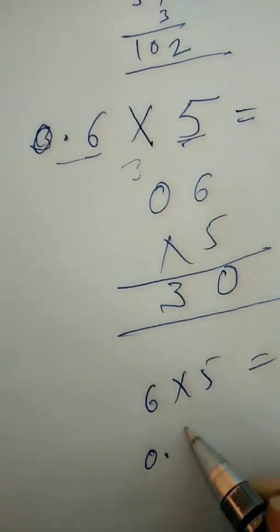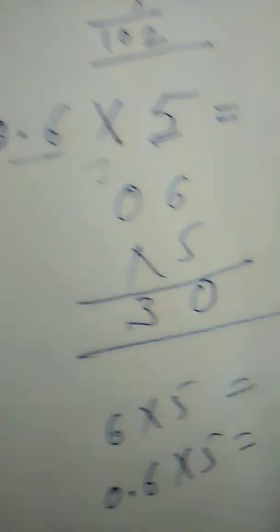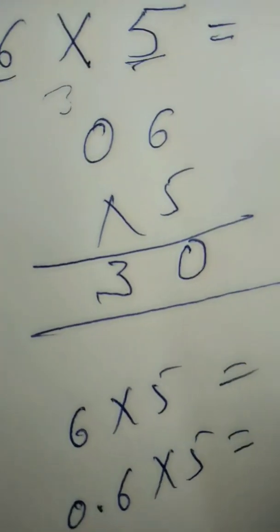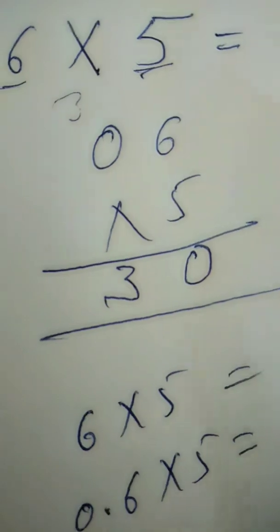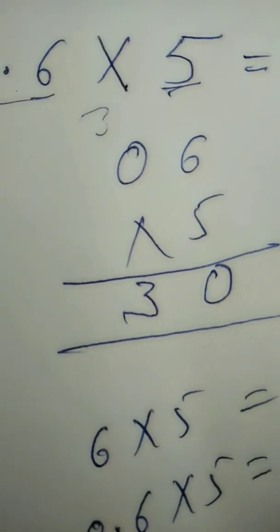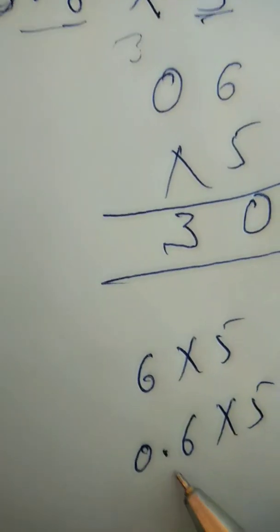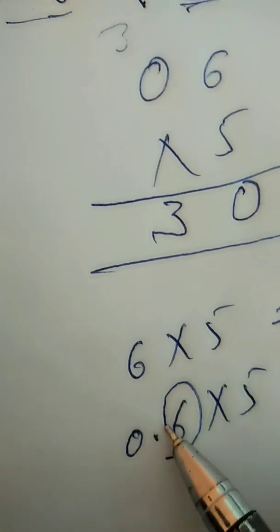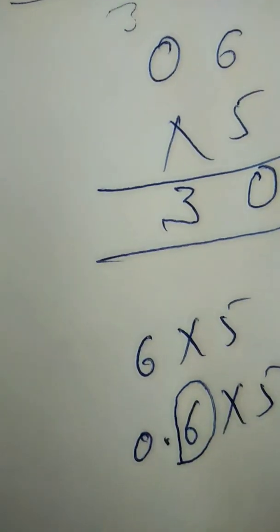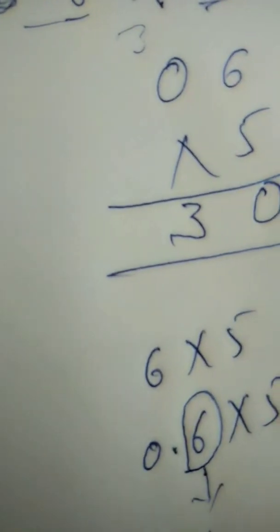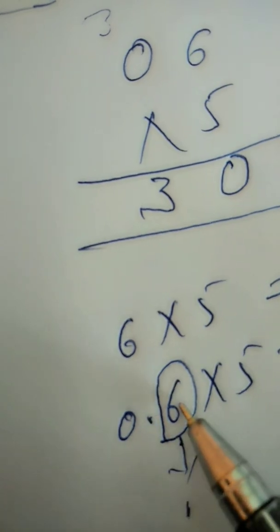Now what happens if we multiply it with the decimal? Without the decimal the product is 30. Now we just have to see how many digits are there after the decimal. Here only one digit is there after the decimal.